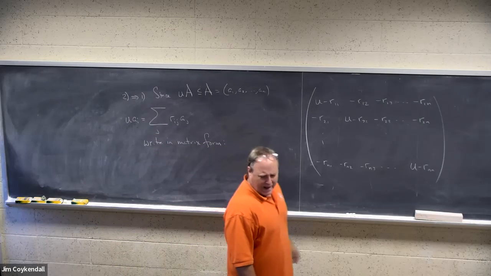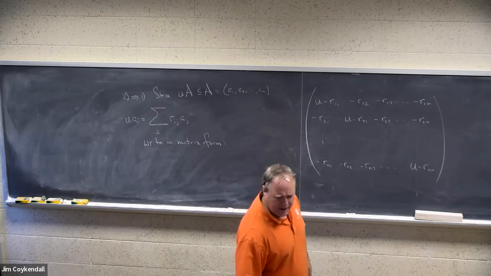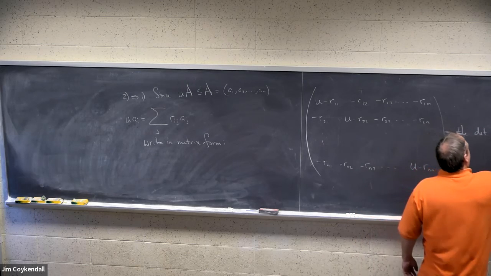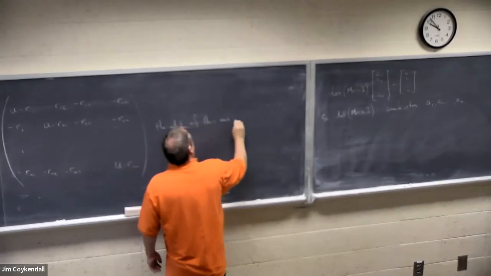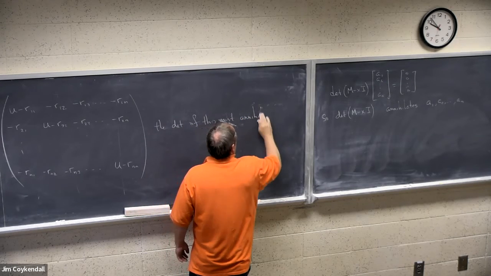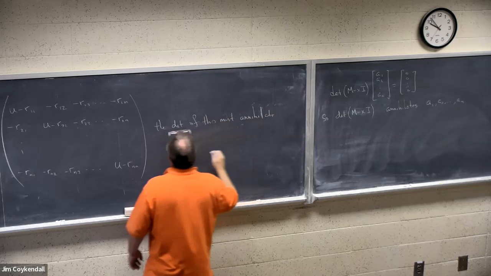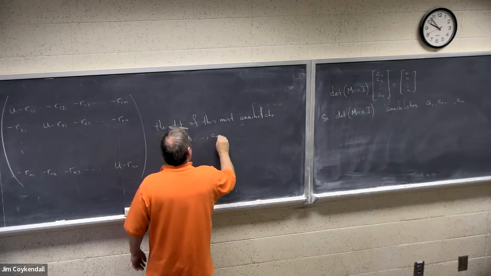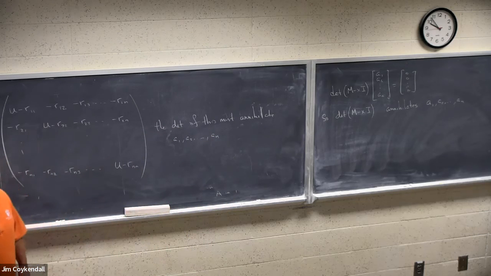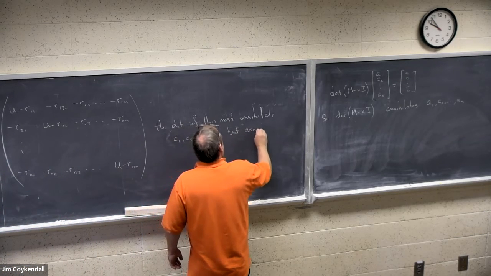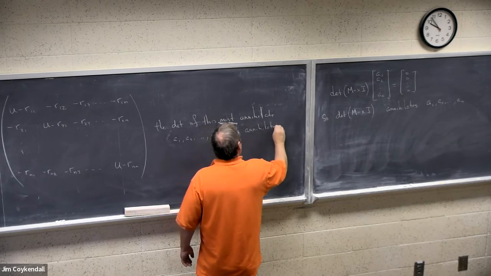And the determinant of this matrix must annihilate a1, a2, all of these, right? But the annihilator is 0.